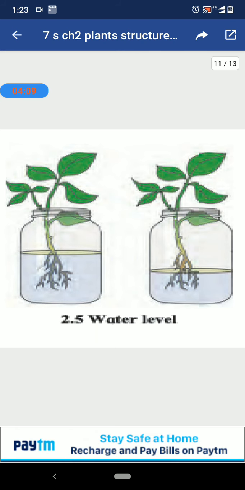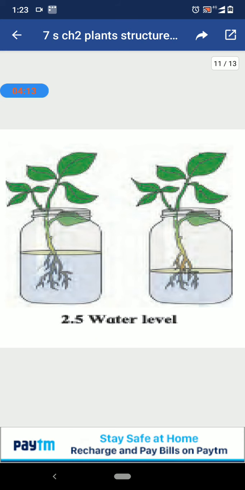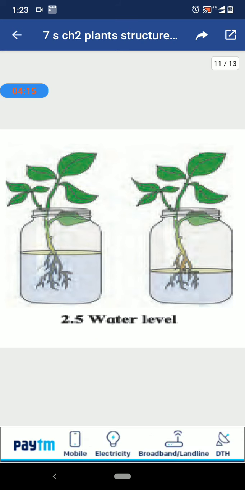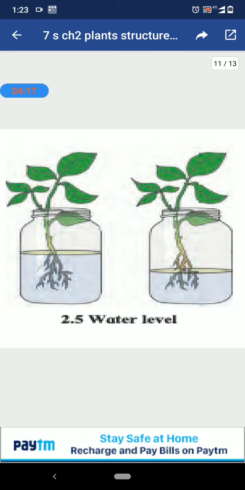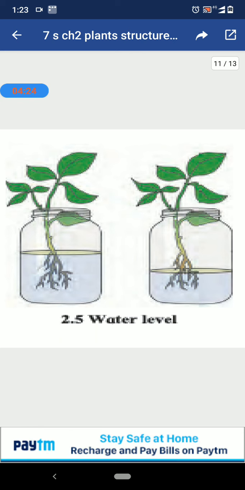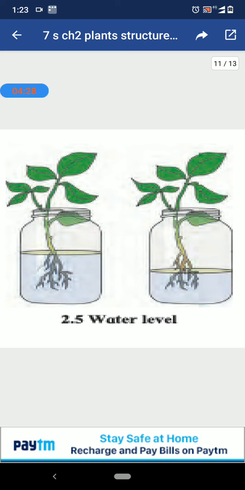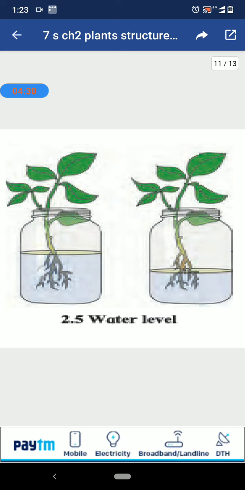Also we saw an experiment yesterday, taking two jars, placing a plant inside them and placing oil on top. After a few days we observed that the level of water kept reducing, because the water was absorbed by the plants.